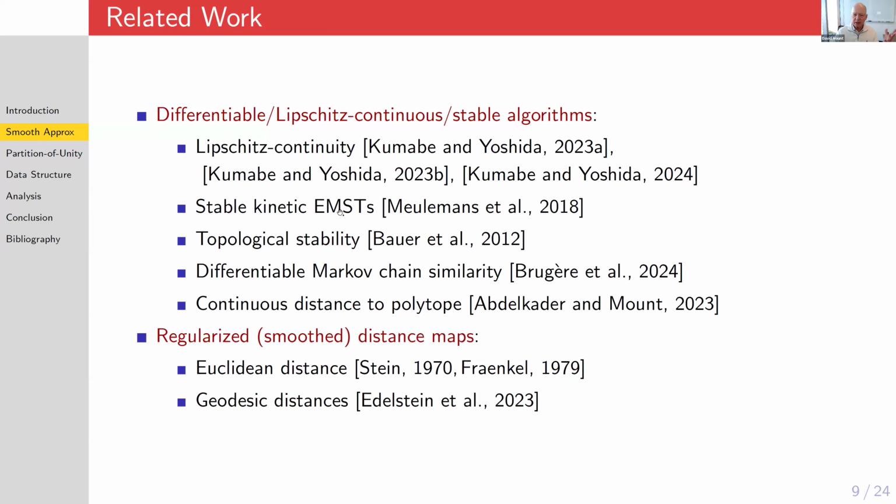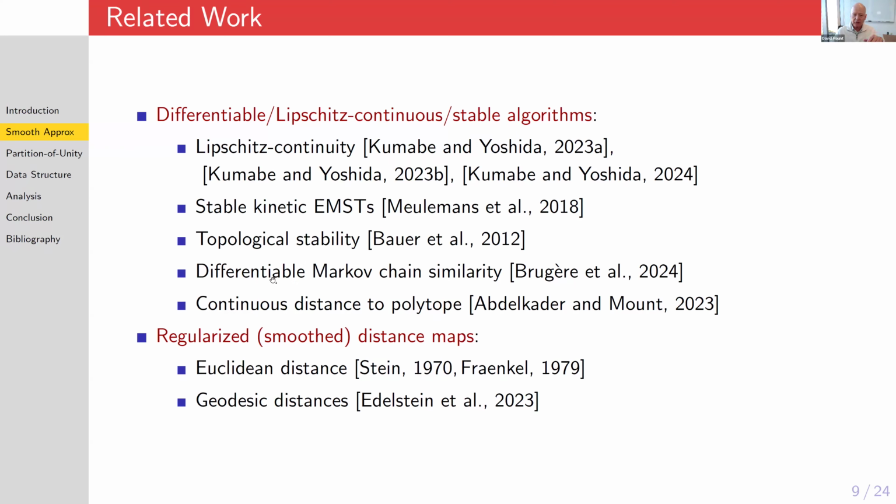Mulzer and other computational geometers have looked at the notion of stability. The idea is if I make tiny changes to my input, I would like my structure to change only a small amount as well. Ulrich Bauer looked at topological stability, like the question of trying to minimize the number of critical points in representations of objects.